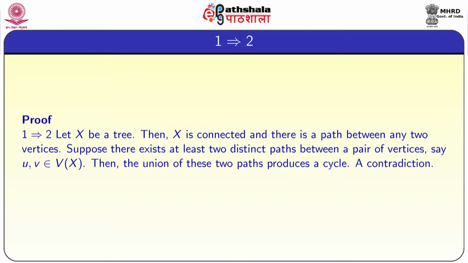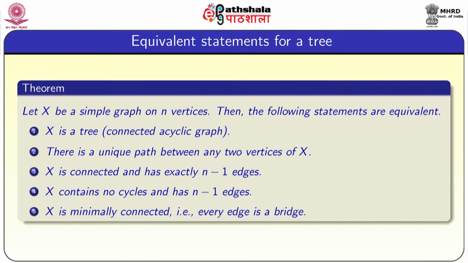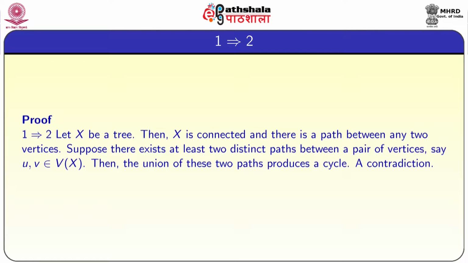First we are going to show 1 implies 2. One is X is a tree, and the second one is there is a unique path between any two vertices of X. So, first we show that if X is a tree, then there is a unique path between any two vertices of X. Let X be a tree, then X is connected and there is a path between any two vertices.